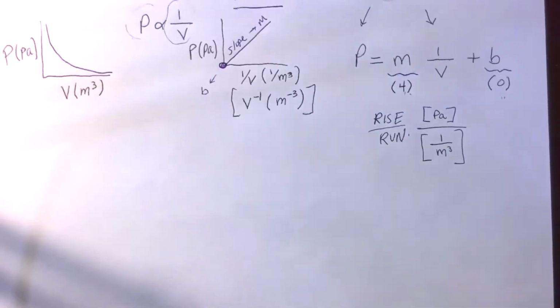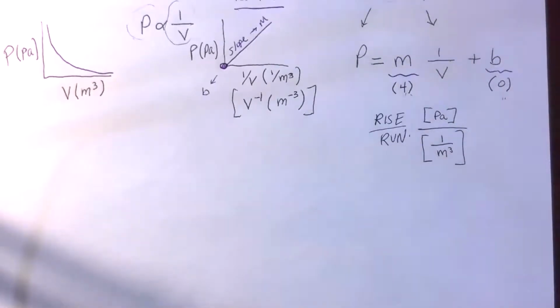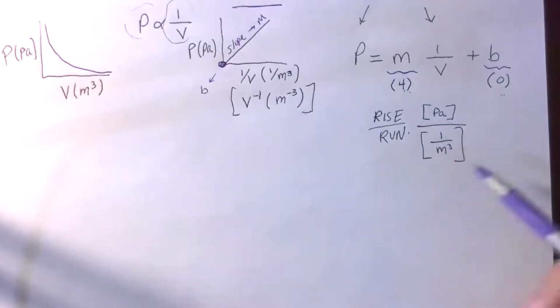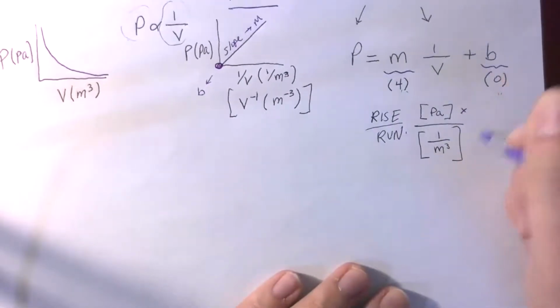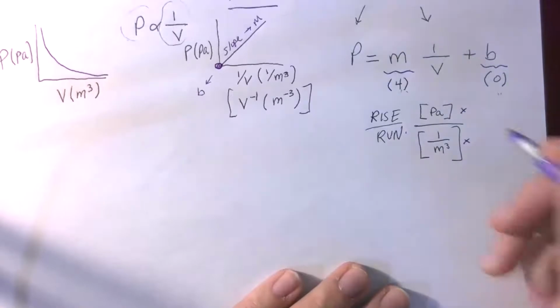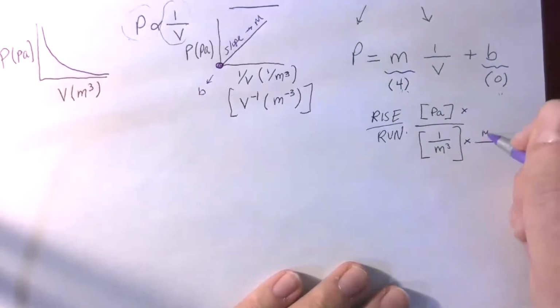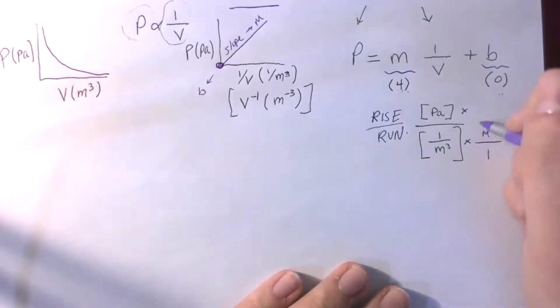Now, that's not a really proper way of leaving that, given that it's this complex fraction where you have a fraction within a fraction. So what we can do is reduce this complex denominator by multiplying the top and the bottom by the reciprocal of the denominator.